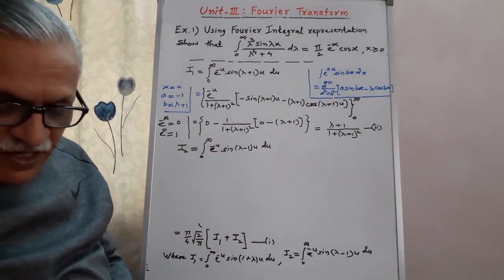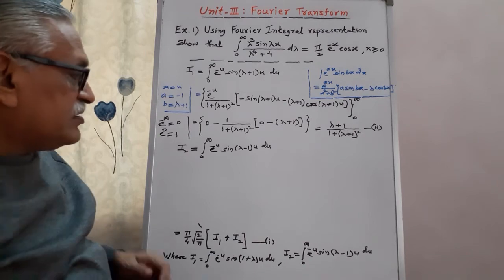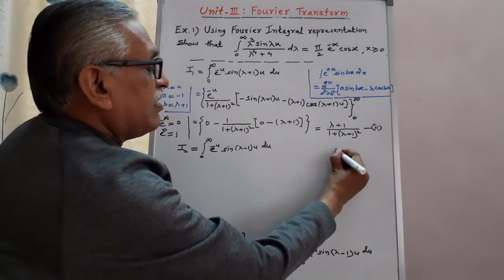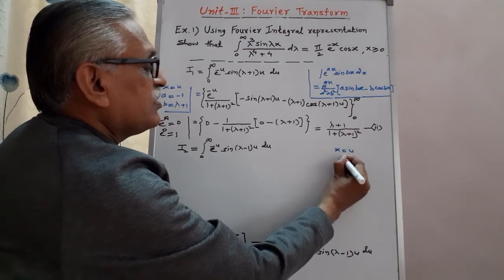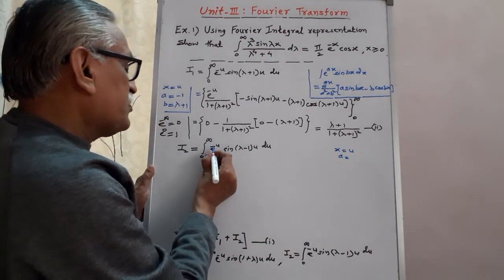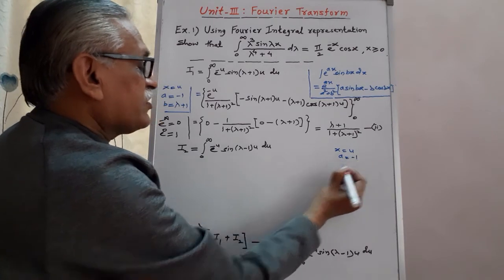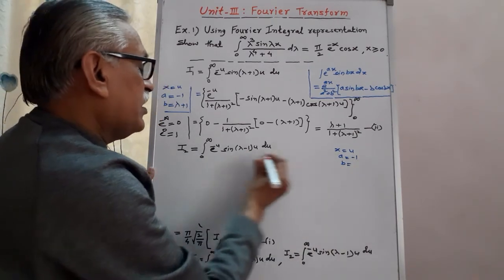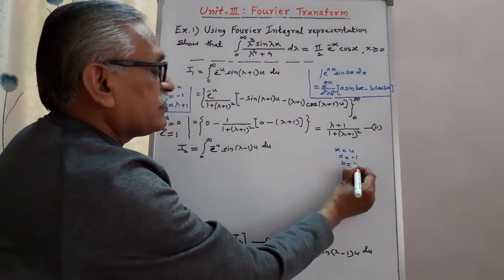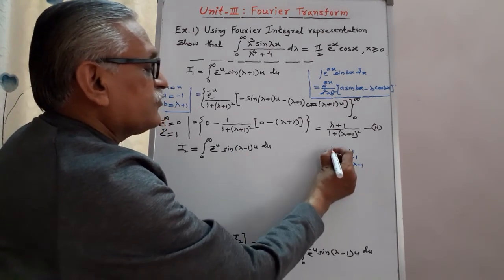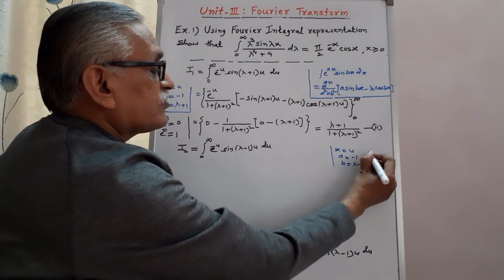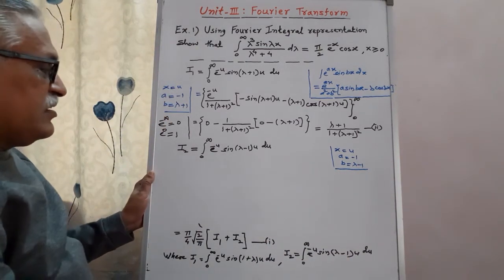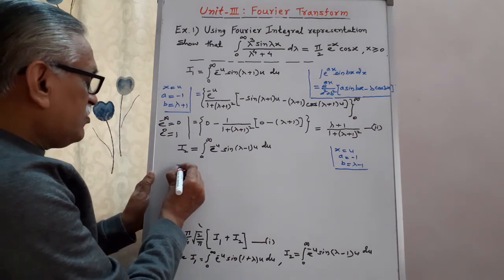Comparing, we get the value of x as u, a as the coefficient of u in this term, minus 1, and b as the coefficient of u in this sine term, lambda minus 1. Therefore, these are the values of a and b.